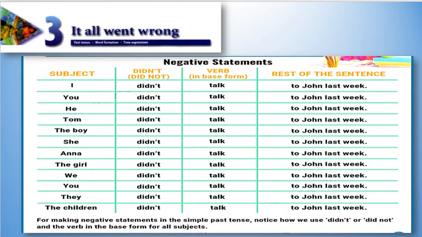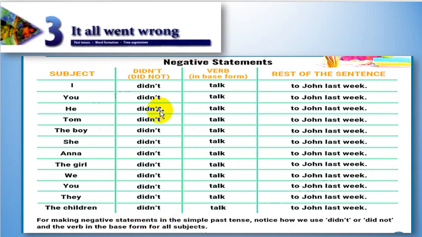Now, in negative statements, we use subject, did not or didn't, with the verb in its base form with all the subjects and the rest of the sentence. I didn't talk to John last week. She didn't talk to John last week. You didn't talk to John last week.